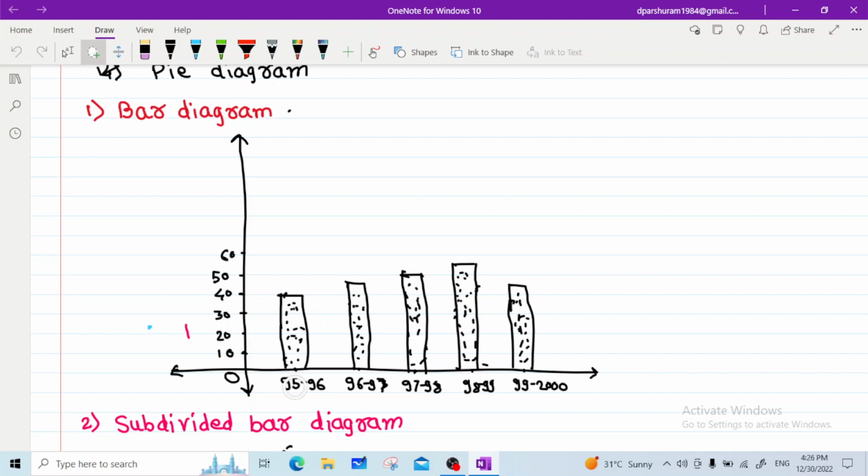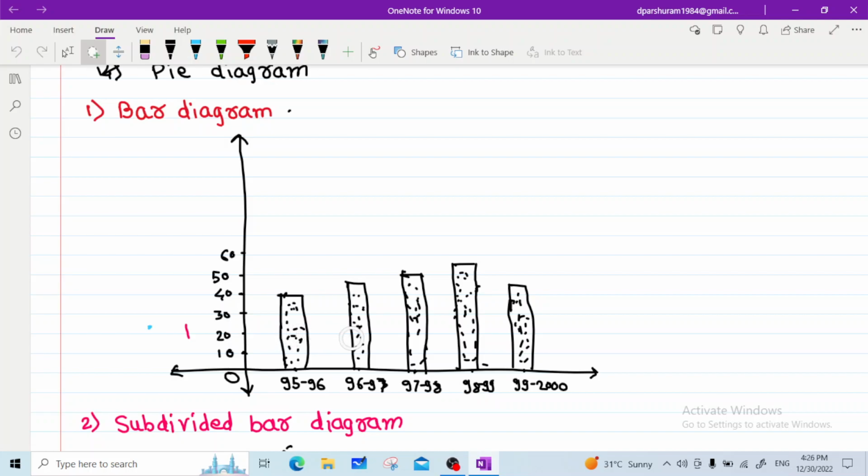For year 95 to 96, their production is 40. So here we draw a straight line, and we get the bar. This is for year 95 to 96.